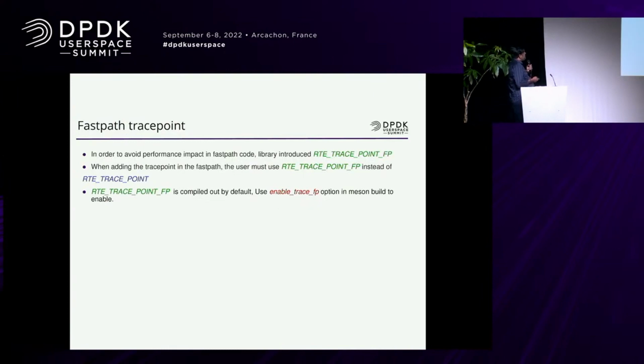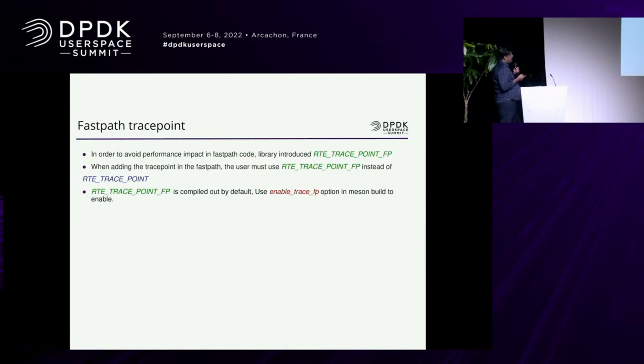And I would like to touch base on other aspects, like adding a trace point. Even though the instrumentation is one cycle overhead, we decided to have a build option so that we don't unnecessarily waste cycles in the fast path. So the first point is, instead of using the trace point macro, you just need to use RTE_TRACE_POINT_FP. FP denotes fast path.